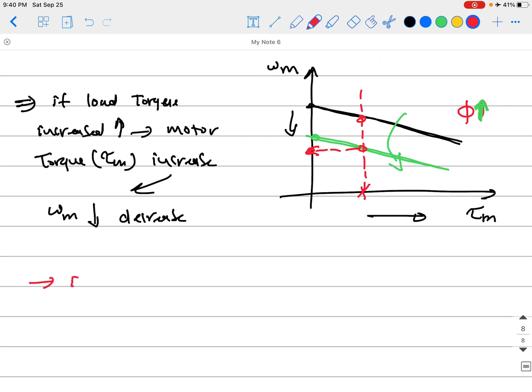So if we control the flux to go up, the speed will go down for the same torque. You know what I mean? That means that is a control of the speed.